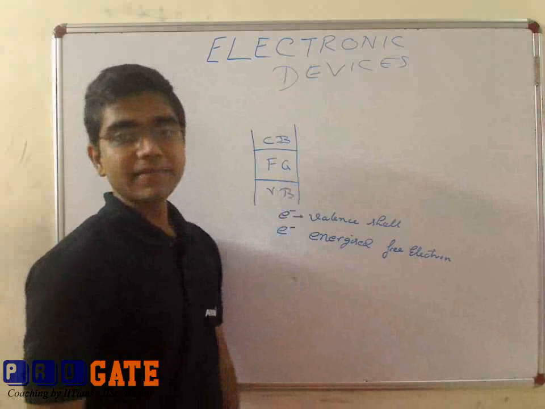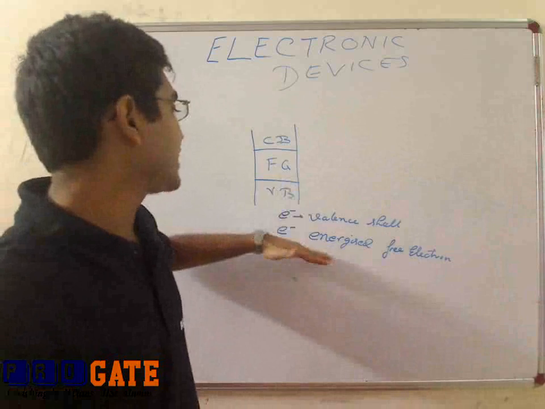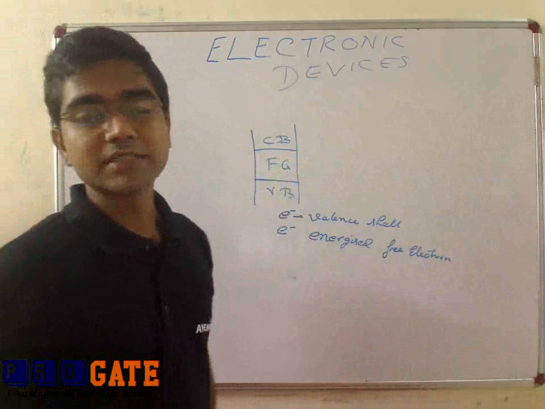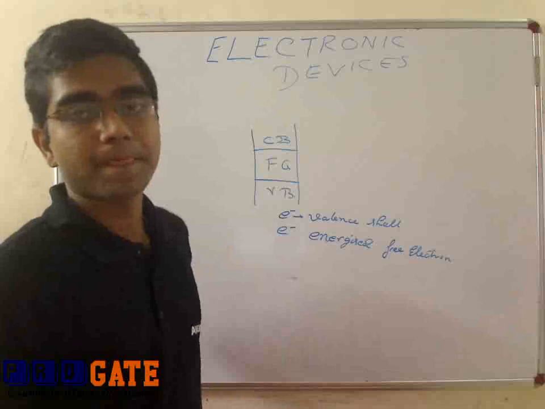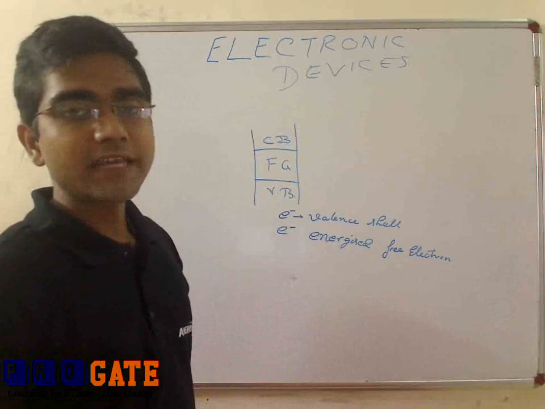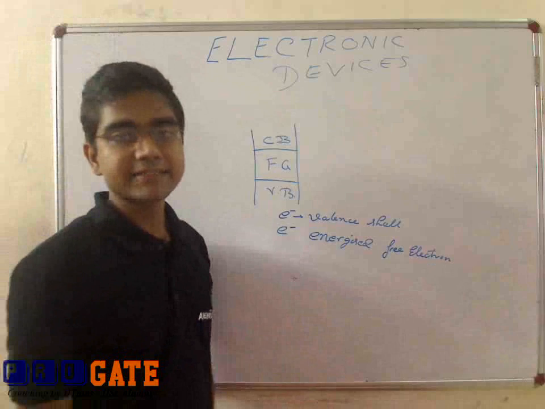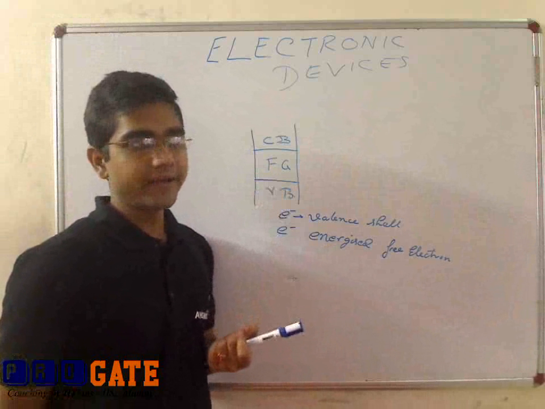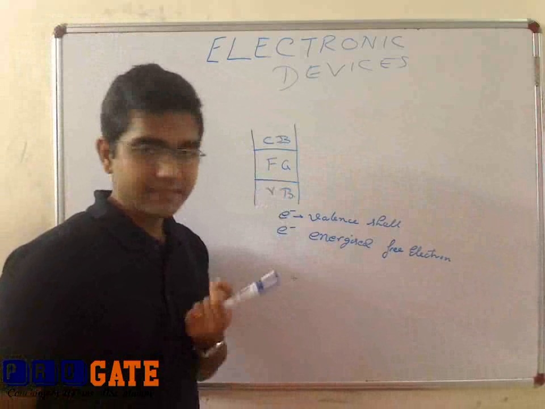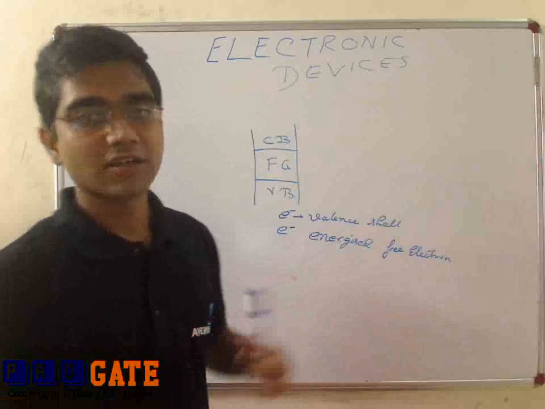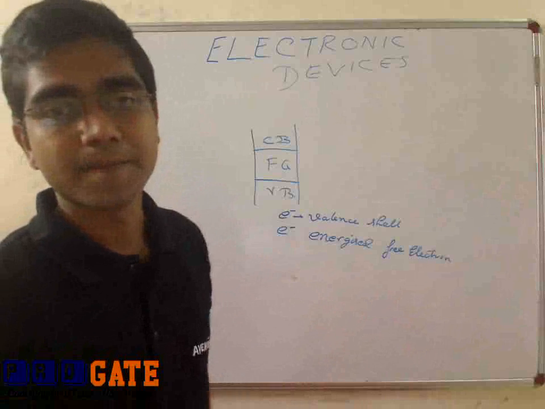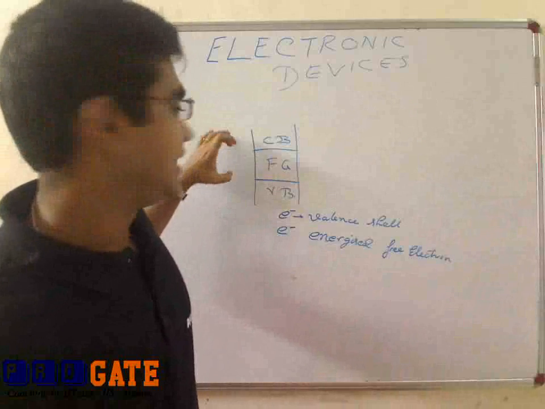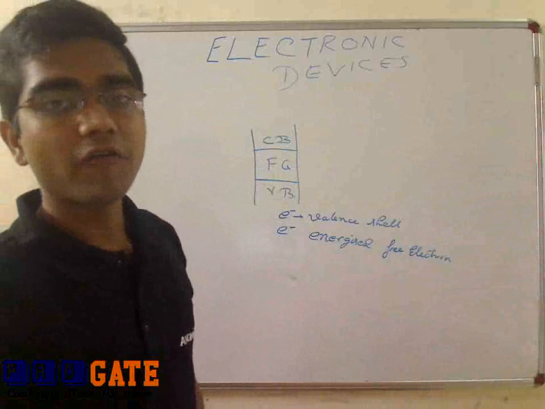Now, there are some energy requirements. All electrons lie in something called the valence shell, and the energy of the valence shell is known as the valence band energy. When the electron becomes free and it starts conducting electricity, then the electron has a particular quantity of energy. This quantity of energy is called the conduction band energy. In between, in any kind of material, there may or may not be something called a forbidden gap.